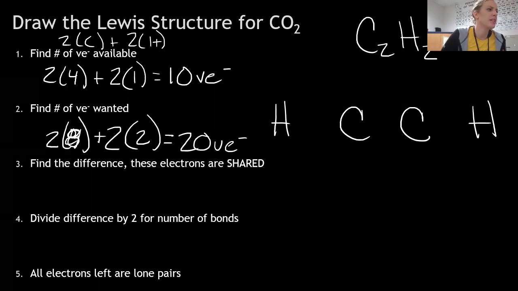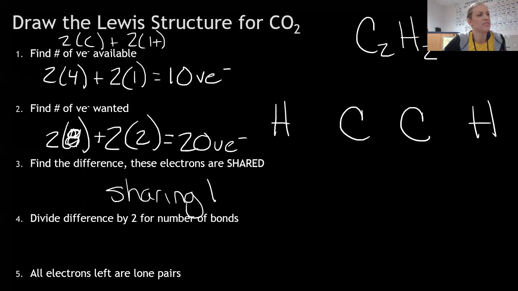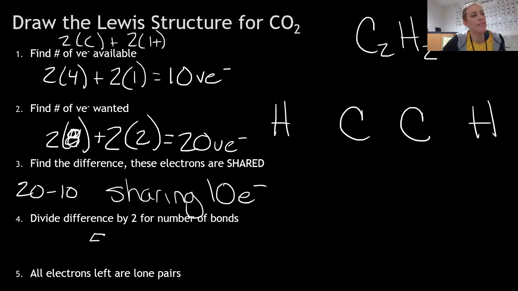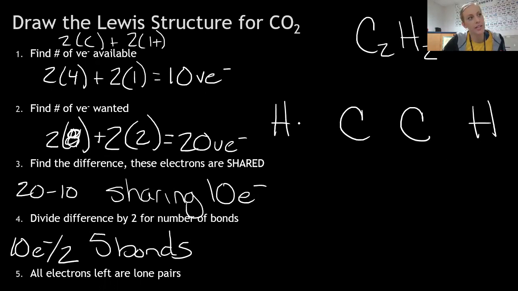So we have 2 times 8 is 16, plus 2 times 2 is 4, so 16 plus 4 is 20. So that means that we're sharing 10 electrons because of the subtraction of the 20 minus the 10. And that means that we would have 5 bonds because it's 10 electrons divided by 2. So we have 5 bonds to use here, right?